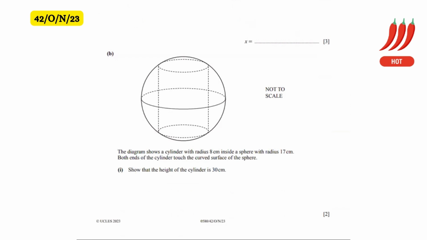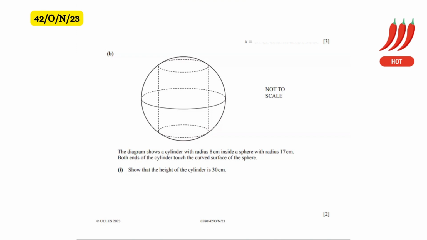Then part B says the diagram shows a cylinder with radius 8 centimeters inside a sphere with radius 17 centimeters. Both ends of the cylinder touch the curved surface of the sphere. Show that the height of the cylinder is 30 centimeters. So we have to show that the height of the cylinder is 30.